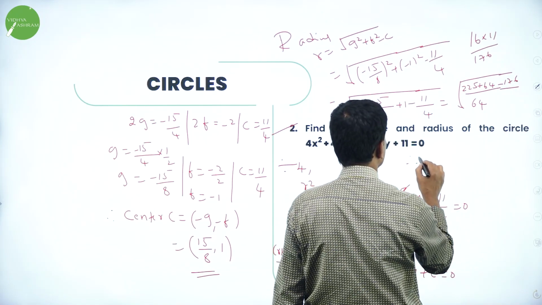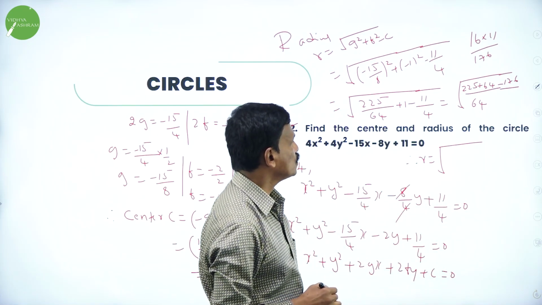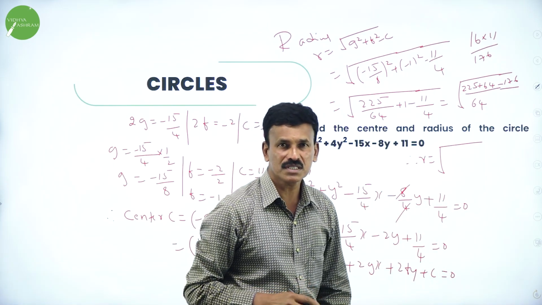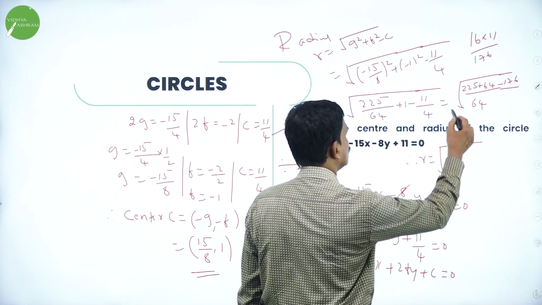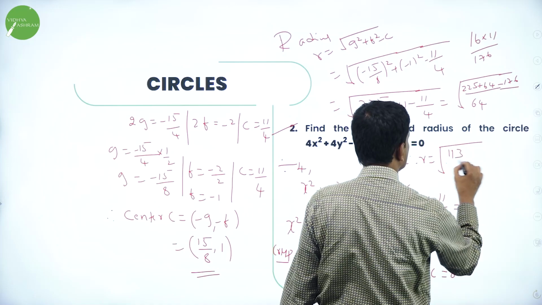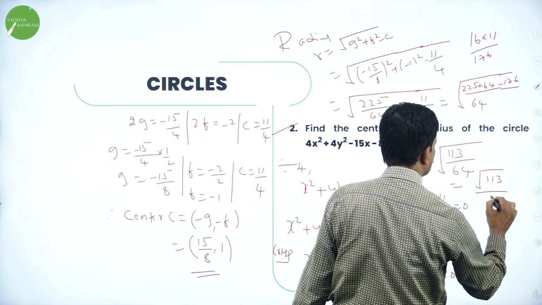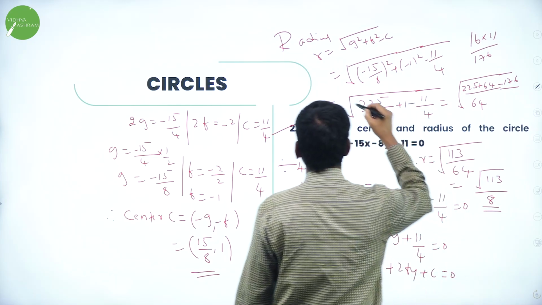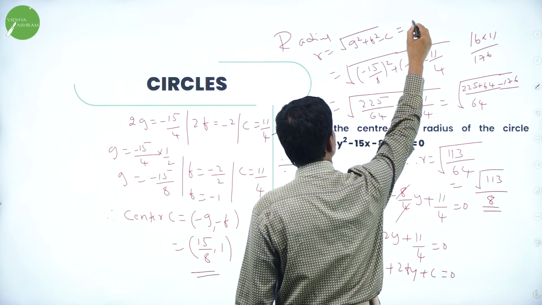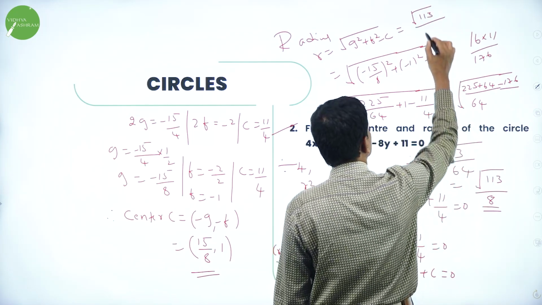So therefore the radius of the circle r is equal to, add this, 225 plus 64 minus 176. Now this is equal to 289 minus 176, which is 113, divided by 64. So this is root of 113 divided by 8. Therefore the radius of the circle r is equal to root of 113 divided by 8.